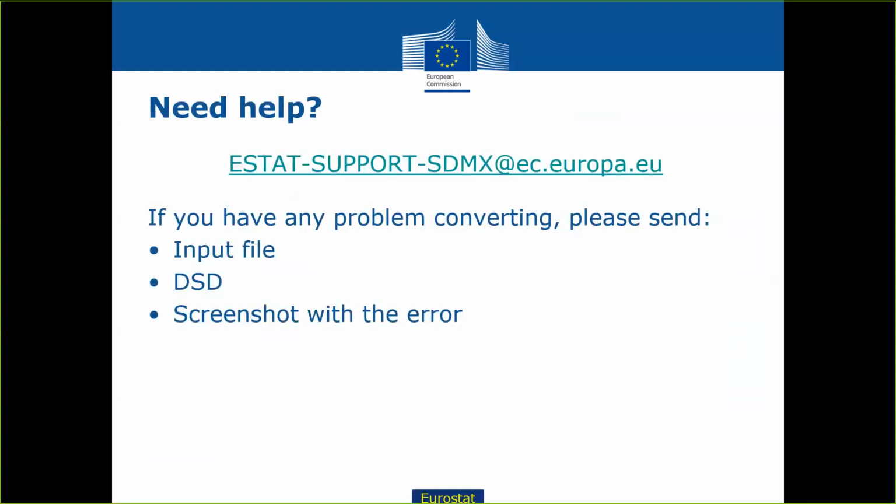In principle, this is usually what we require: the input file, if you are trying to convert a file and it doesn't work. But if the problem occurs before you can make the converter run, the input file is not needed. You just describe what you've done and what the issue is, and we will try to get back to you as soon as possible.